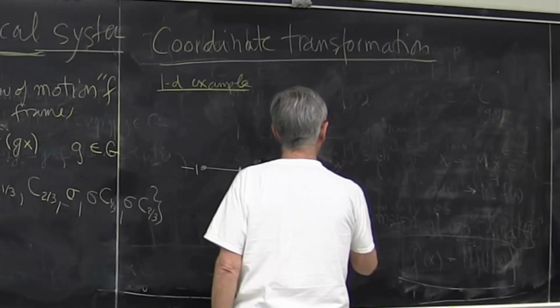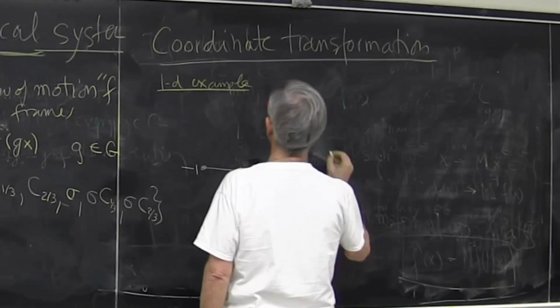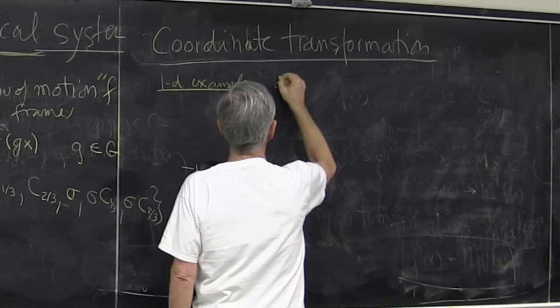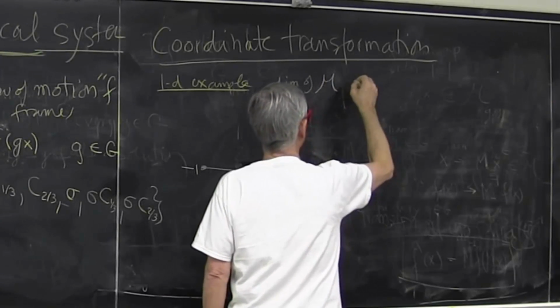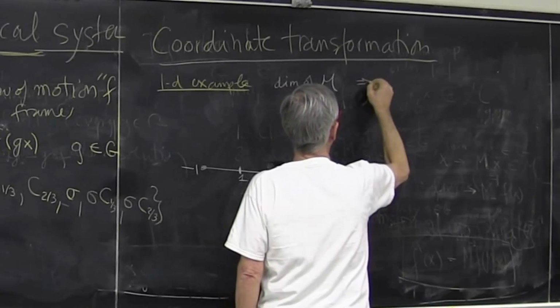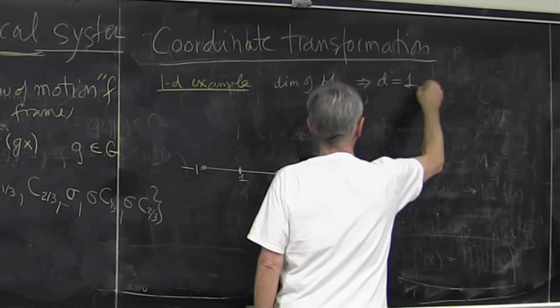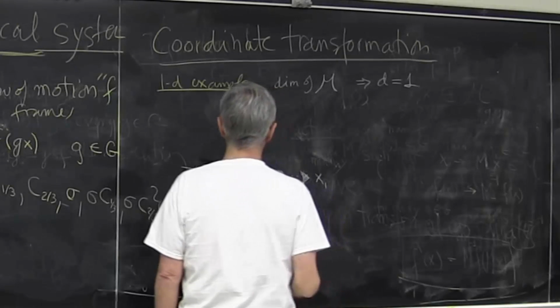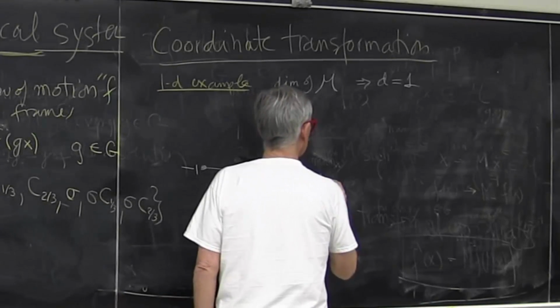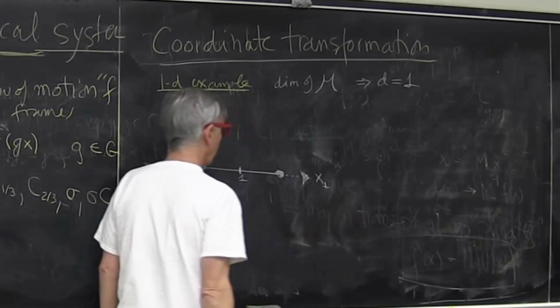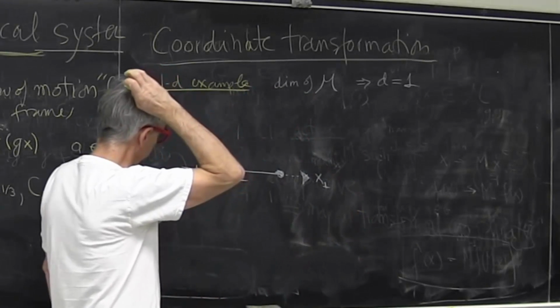So now, which means the dimension of your state space is d equals 1. Very simple thing. If I measure where I am on a line, I just measure one coordinate. Let's call it x.